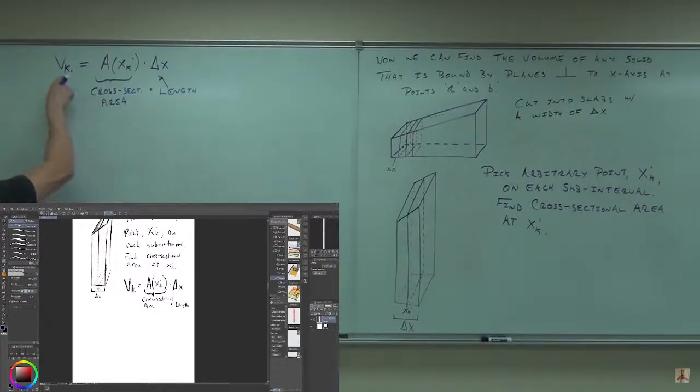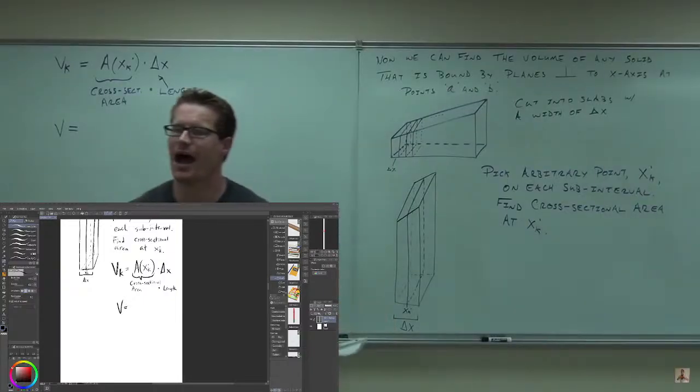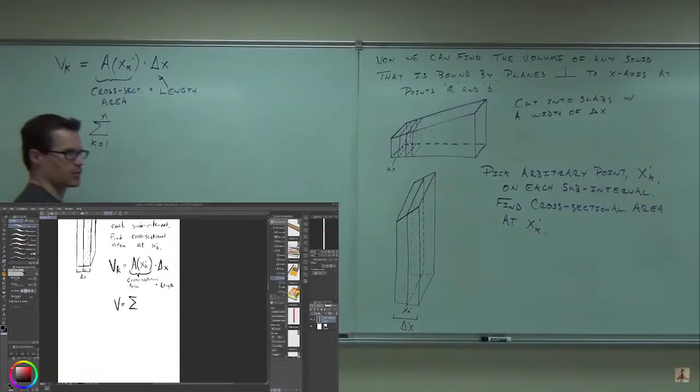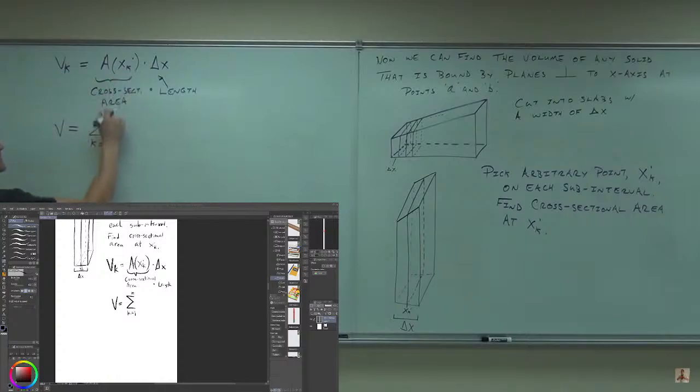So if we say this is one slab, then if I drop the k, and I want more than one slab, I'm going to have to add them all up, starting at the first one and going through the nth one. That should look familiar. It's just like area right now, only inside of it says find the area at xk dot times delta x.